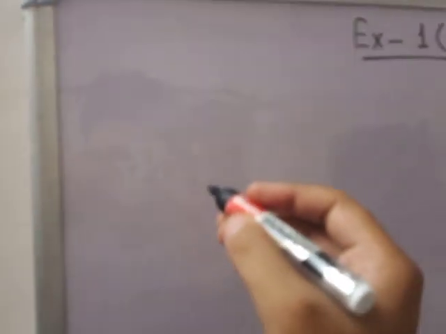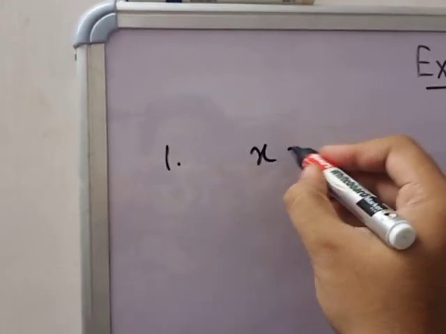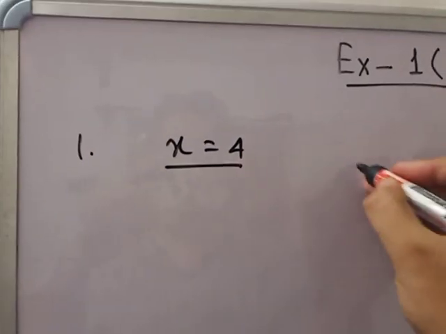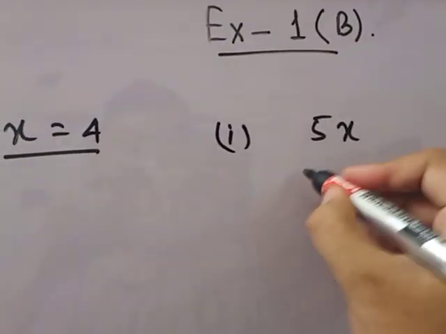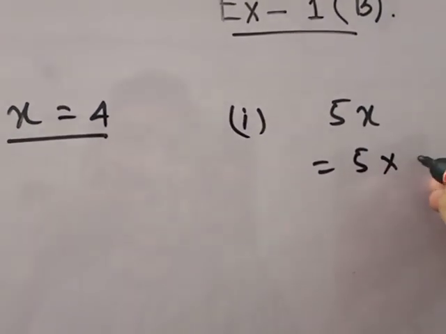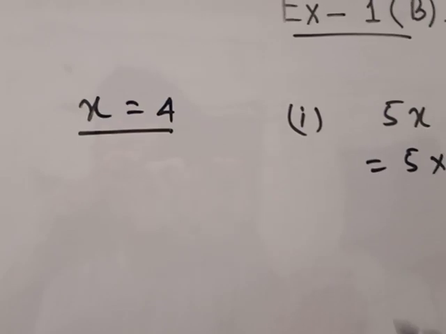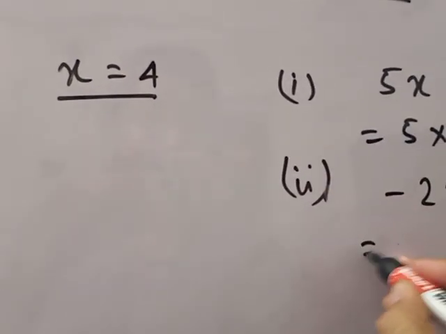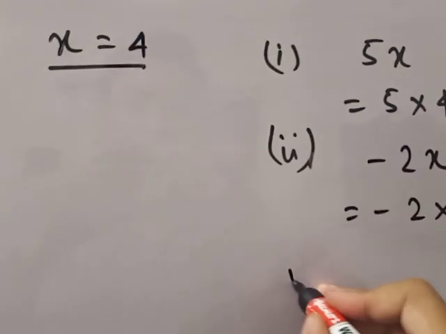Okay, now see number 1, x equals 4 is given. You have to find 5x. So 5x means 5 into 4, that means 20. Next, number 2, minus 2x, that means minus 2 into 4, that means minus 8.